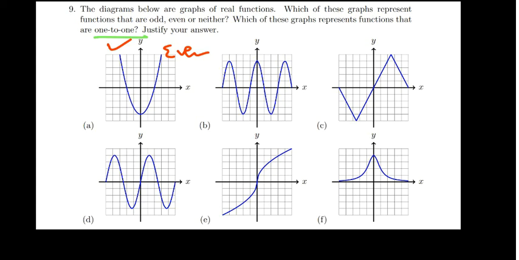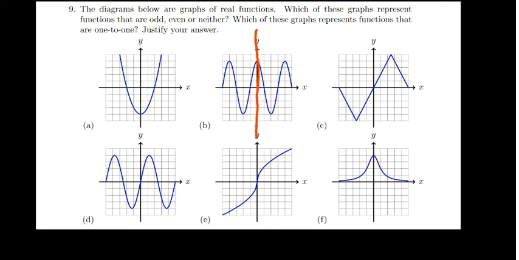First of all, how are we going to justify our answer? We'll say because we have two values of x giving us the same value of y. Now the second one: if we cut this graph, is it also symmetrical about the y-axis?